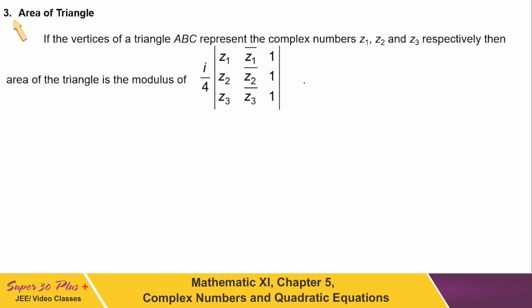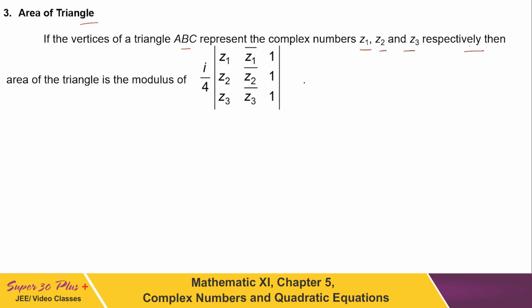Students, how can we find the area of a triangle? If the vertices of a triangle ABC represent the complex numbers Z1, Z2, Z3 respectively, then the area of the triangle is the modulus of iota by 4 times the determinant of Z1, Z1 bar, 1, Z2, Z2 bar, 1, Z3, Z3 bar, 1.